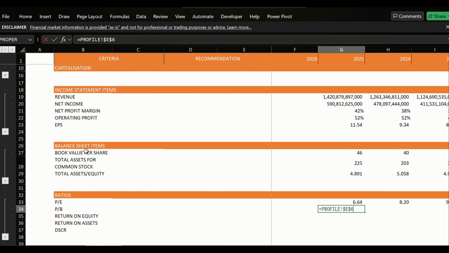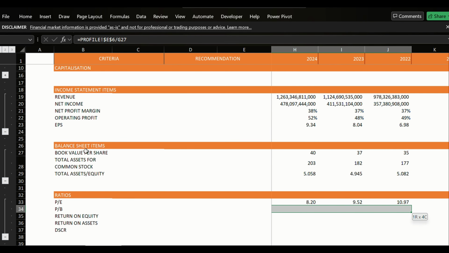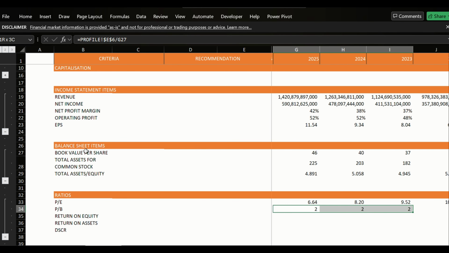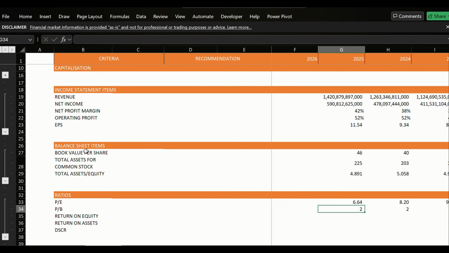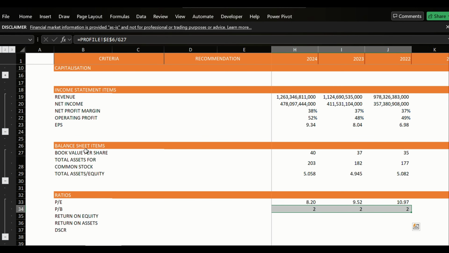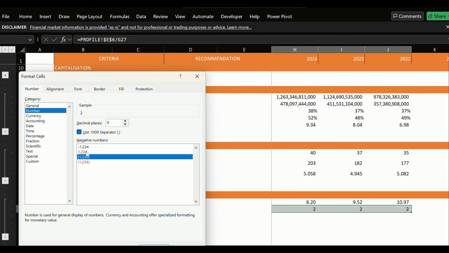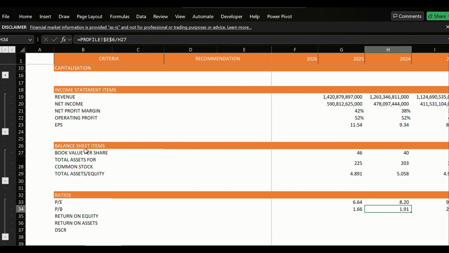You can still look at it as a multiple, but the decimals are a little more realistic.